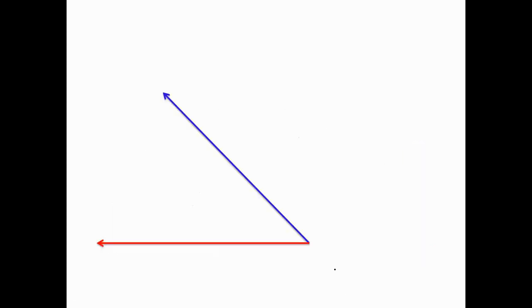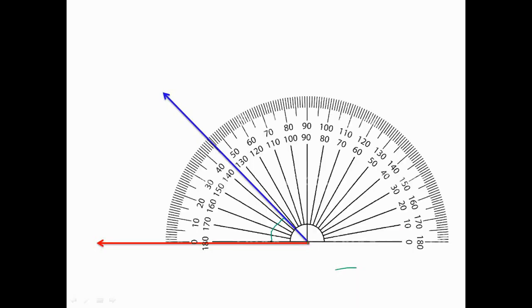In this case, the vertex is on the right side. Now I will keep the protractor at right side, then count from left. So from 0, I will count 0 to 10, 20, 30, 40, and we have small 5 lines here. So 40 plus 5, 45. So 45 is the angle between the two lines.